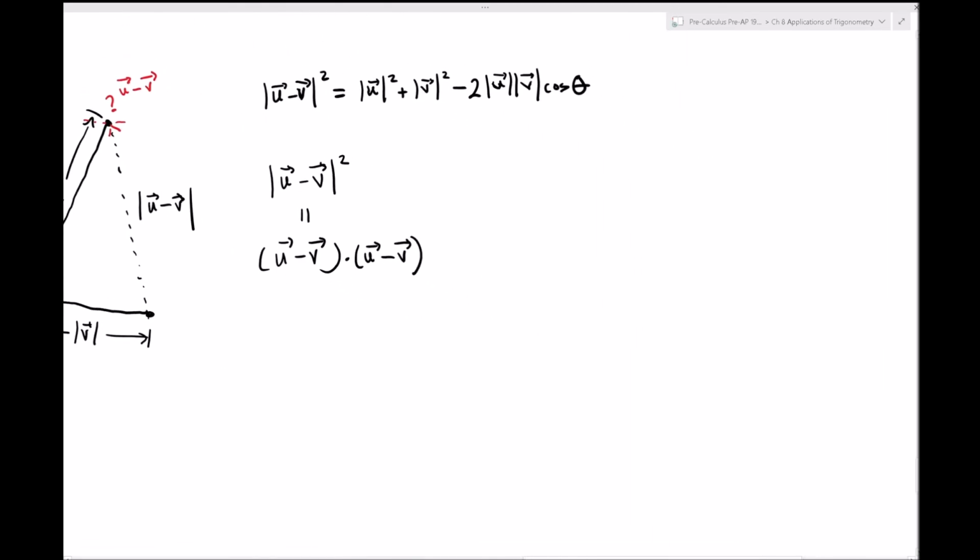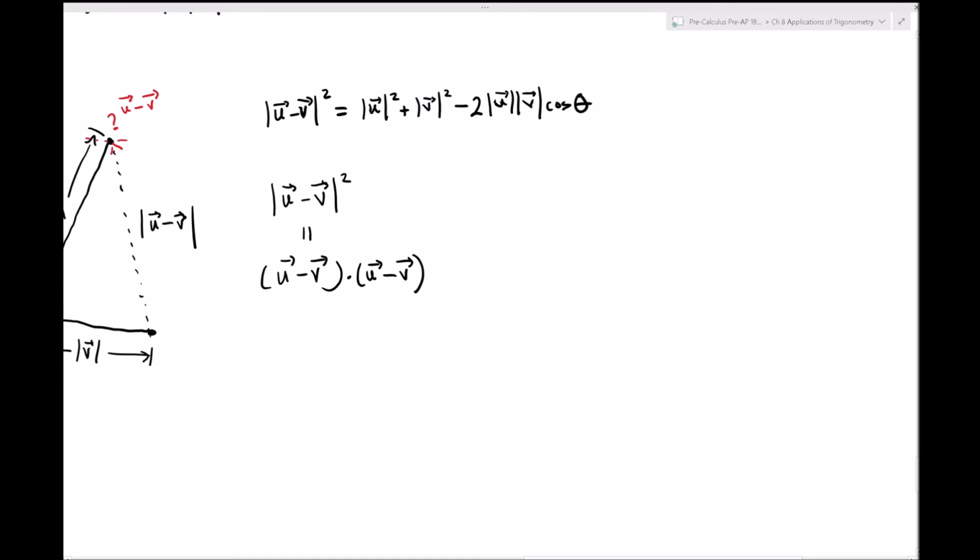Same idea here. Just think of u minus v as a single quantity. It has a magnitude squared, so take what's inside of the magnitude and dot it with itself. And according to the distributive property, this is going to equal u dot u, minus u dot v, because I can write it in whatever order I want, minus another u dot v, and then minus minus, so plus v dot v.